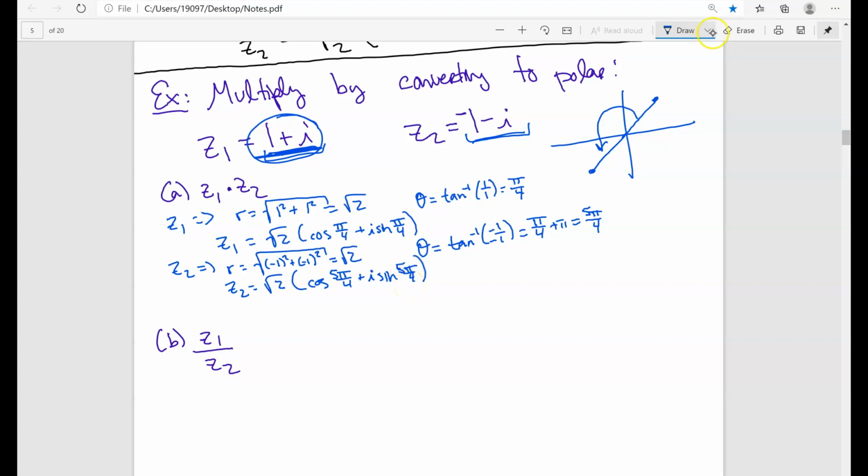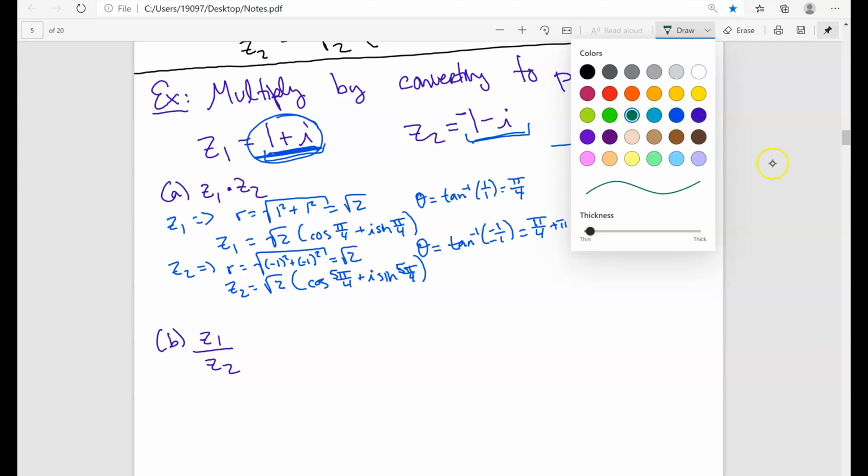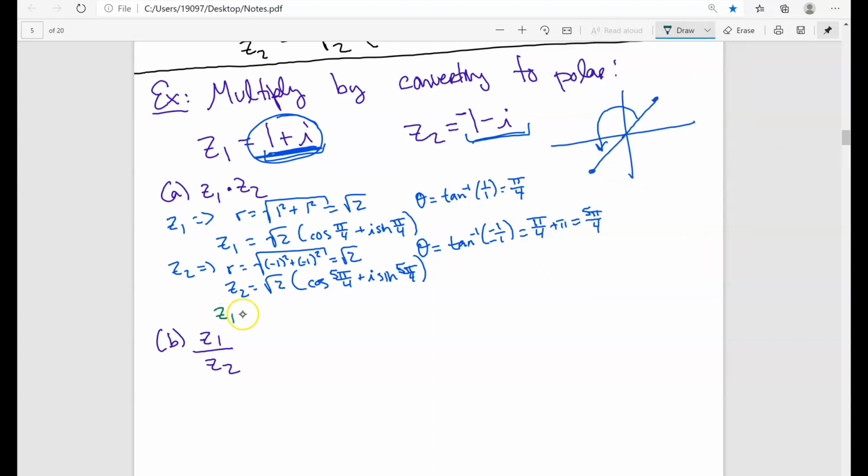So now what we want to do is multiply both of these guys together. So you want to multiply z1 times z2. And the way that we're going to do that is we're going to start off by multiplying the r values together. So square root of 2 times square root of 2 is going to be square root of 4, which gives me 2. Then we're going to add the pi over 4 and the 5 pi over 4.